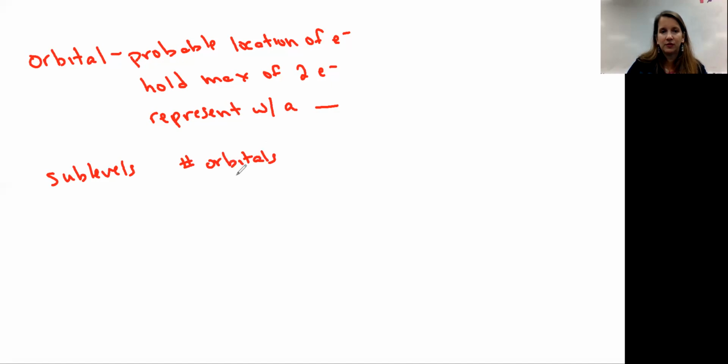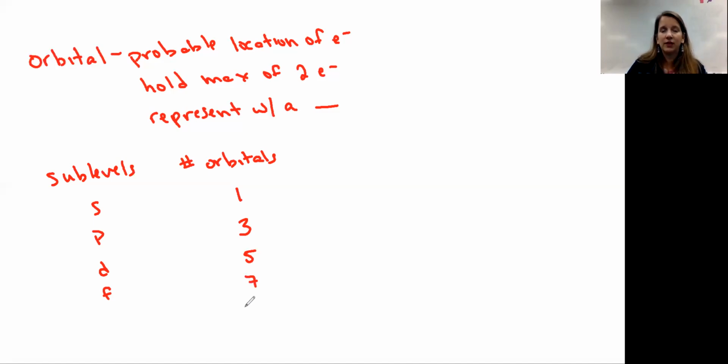Our sublevels, remember, are S, P, D, and F. Since an S sublevel can hold up to 2 electrons, it's only going to have 1 orbital. A P sublevel can hold up to 6 electrons, so it's going to have 3 orbitals. A D sublevel can hold up to 10 electrons, so it's going to have 5 orbitals. And an F sublevel can hold up to 14 electrons, so it's going to have 7 orbitals.